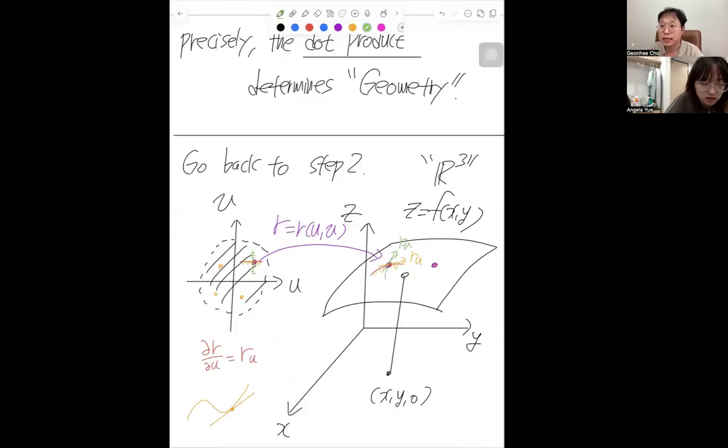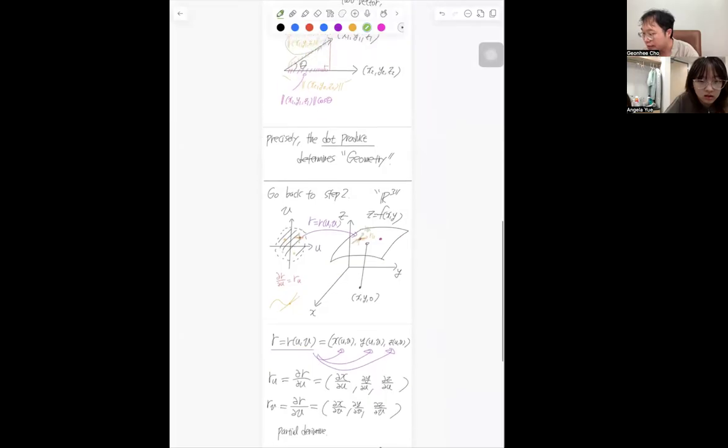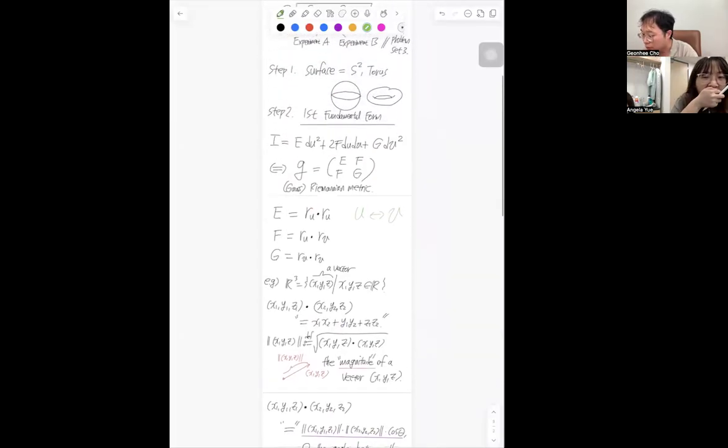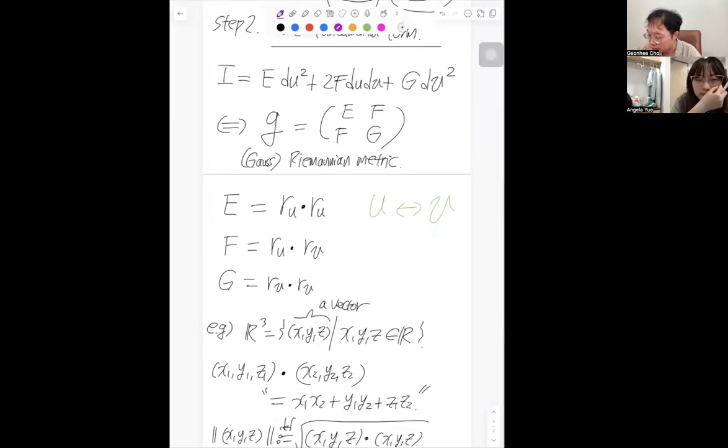So with this perspective, let's relook at the meaning of the first fundamental form. According to the first fundamental form, now you know these are the definitions. What is this one? According to the definition of the magnitude, it is the magnitude squared of r sub u. This one is the magnitude of r sub v squared.